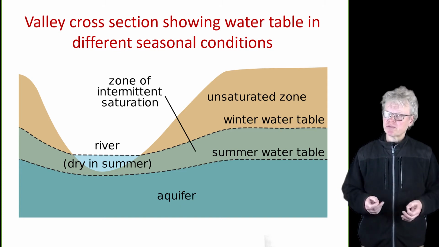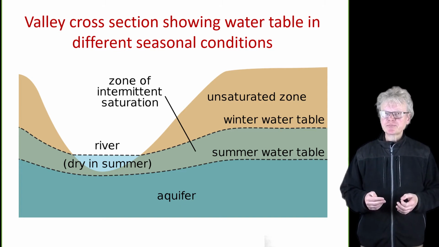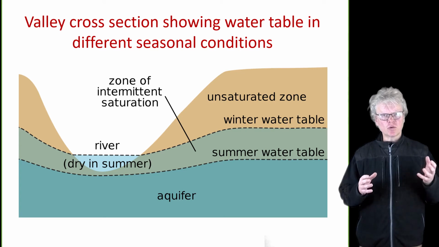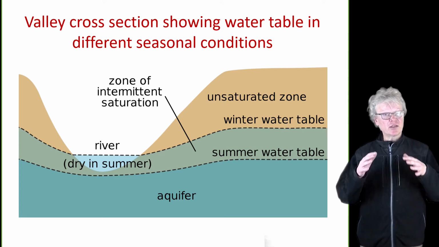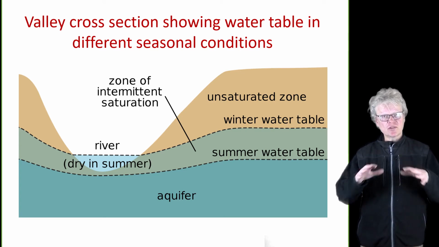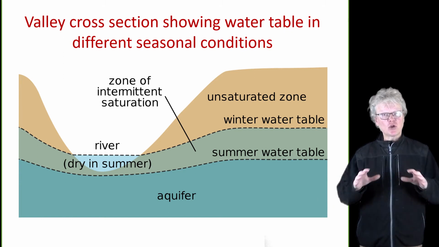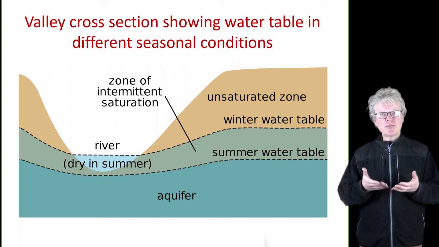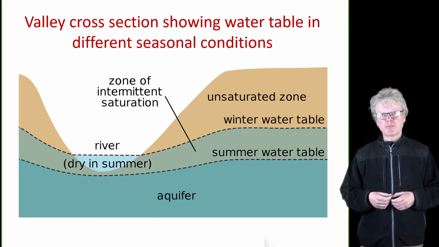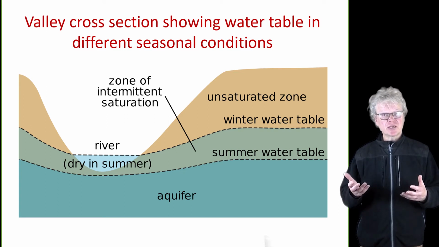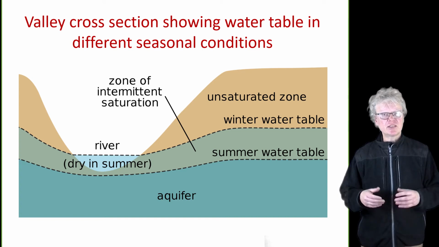Now, not all rivers form in this way. You can just get rivers forming from runoff. And in fact, the opposite happens where water moves out of the rivers. We call that a losing stream. If the water table intersects with the landscape and water is moving into that river system, we call that a gaining stream.